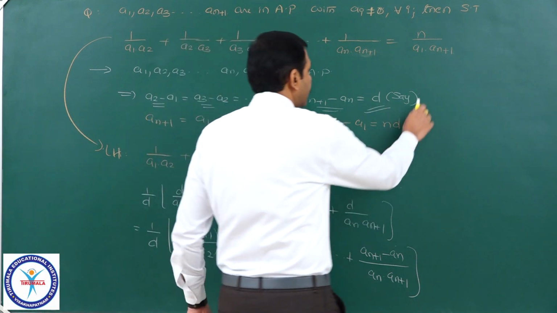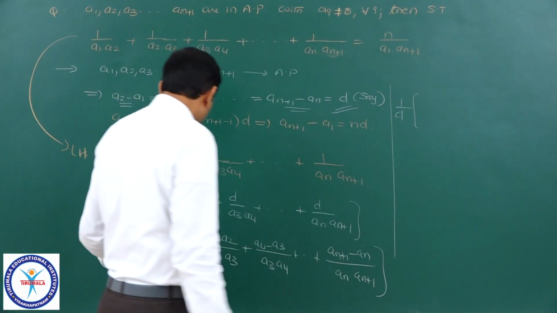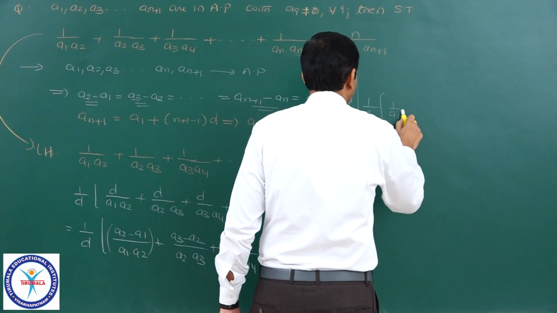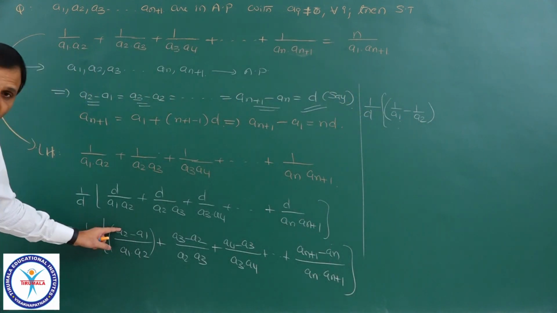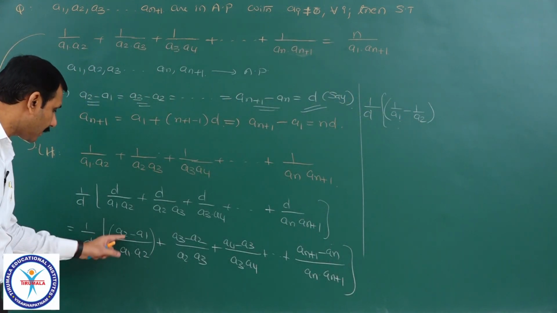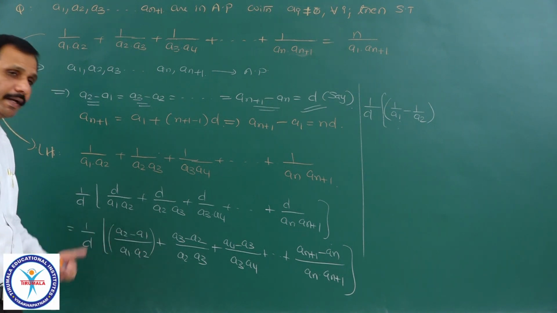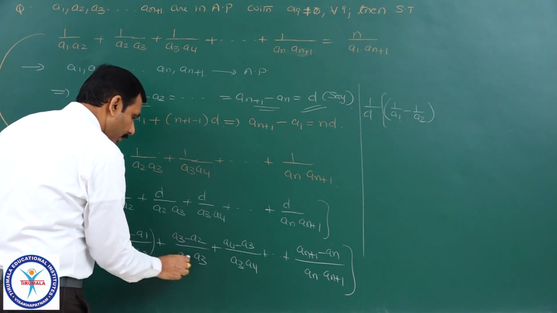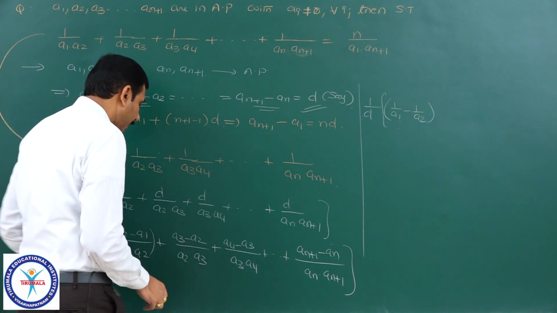Therefore, I will write these terms. You observe, 1 by d into the first one, 1 by a1 minus 1 by a2. Observe this carefully. a2 by a1 a2, a2 cancels, 1 by a1 minus a1 by a1 a2, a1 cancels, 1 by a2, plus again a3 by a2 a3, a3 cancels, 1 by a2 minus a2 cancels, 1 by a3.